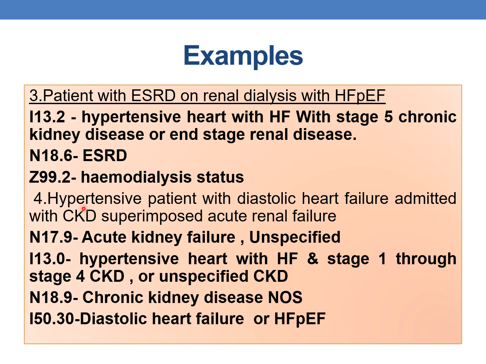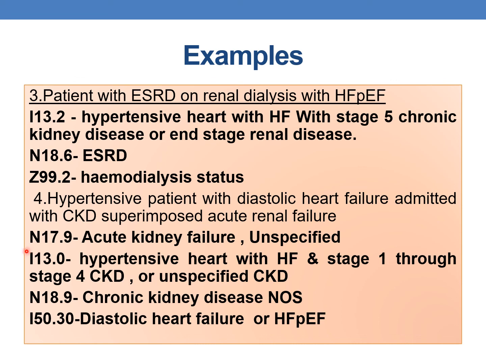Coming to the fourth example, hypertensive patient with diastolic heart failure admitted with CKD superimposed with acute renal failure. He is admitted. The reason for admission is CKD superimposed with acute renal failure.